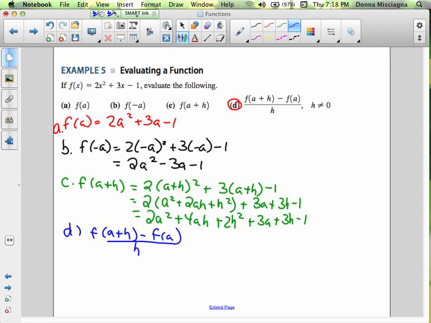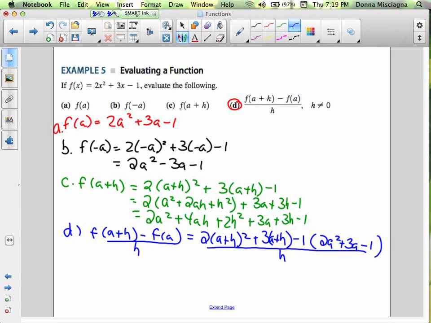So that's going to be 2 times (a plus h) squared plus 3 times (a plus h), oops, I forgot the parentheses there. There you go. Minus 1. And then we're subtracting f of a. And we already know what f of a is going to be, right? 2a squared plus 3a minus 1 all over h. And that h can't be 0, otherwise this would be undefined.